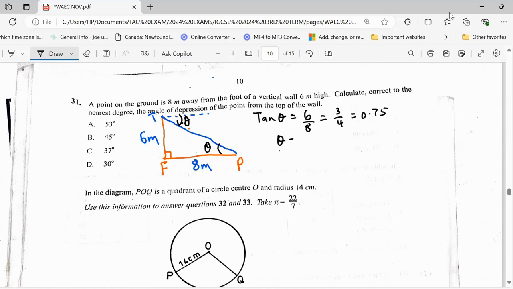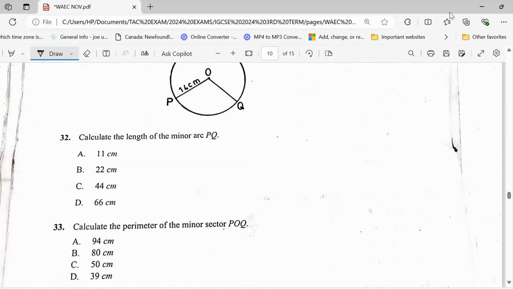So theta itself is the arctan of 0.75, and that is going to give us 36.86... And since we are asked to write this to the nearest degree, it's actually going to be 37 degrees, which is option C. We'll mark option C and we'll proceed to question number 32.